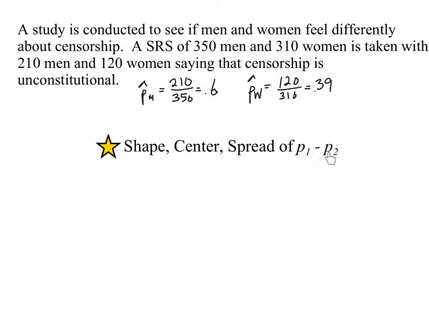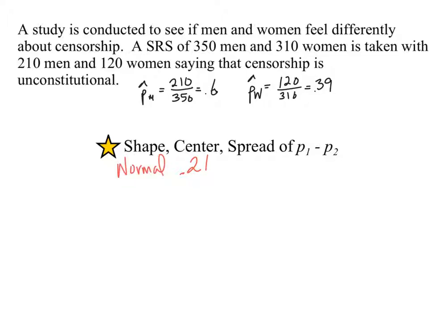The shape, center, and spread of the difference between my two proportions: we're centered around the difference I've calculated between my p-hats. 0.6 minus 0.39 is 0.21. That's going to be the center of my distribution. The shape, well, as long as all conditions are met, we'll check our conditions in the plan phase of our confidence interval, we're going to think that it's normally distributed.